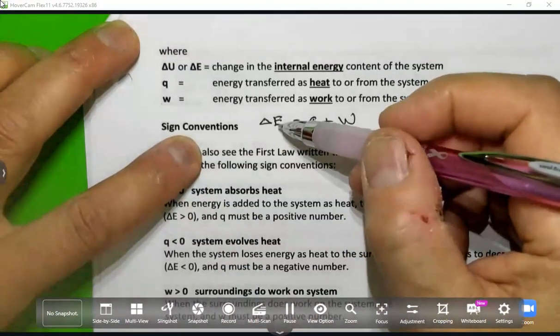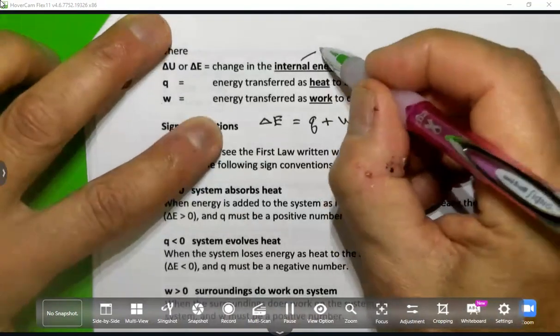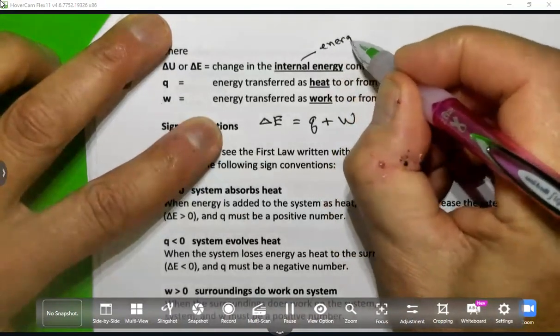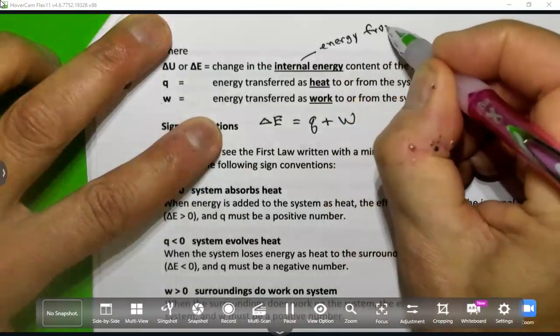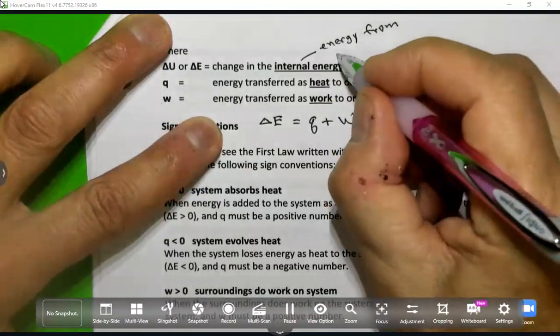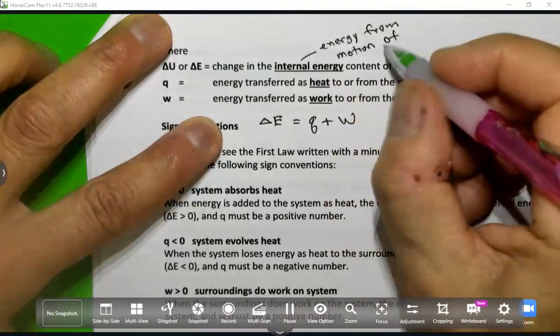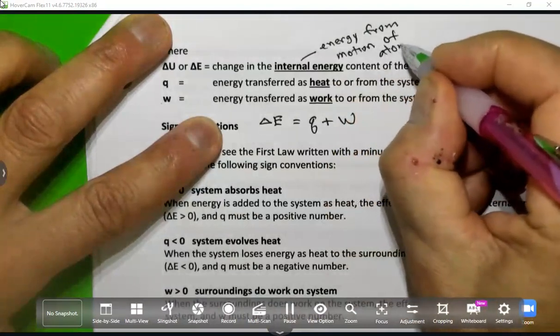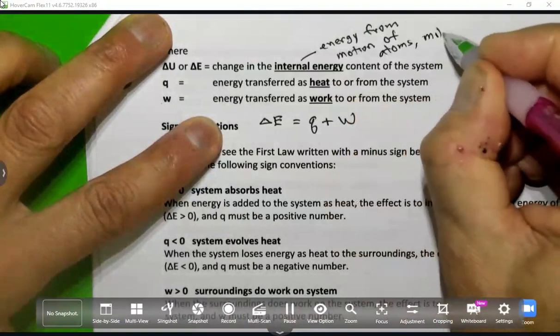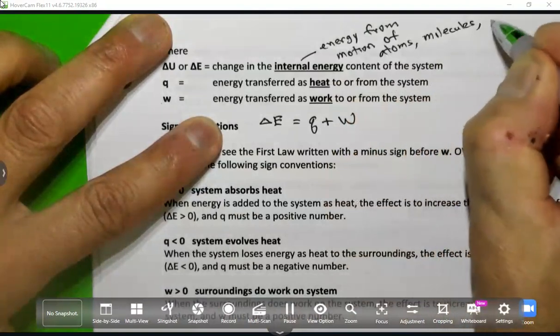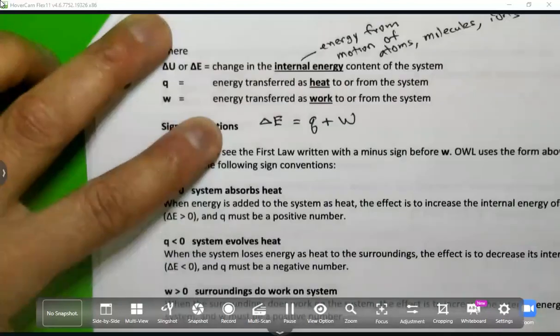And this is internal energy, which is the energy from the motion of atoms, molecules, or ions.